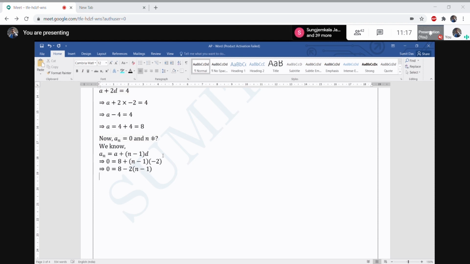Okay, next line, 0 equal to 8 minus 2n plus 2. Next line, I'll take the 2n to the left-hand side, and on the right-hand side it will be 10. Next line, n equal to 10 by 2, which is equal to 5. So the fifth term will be 0.